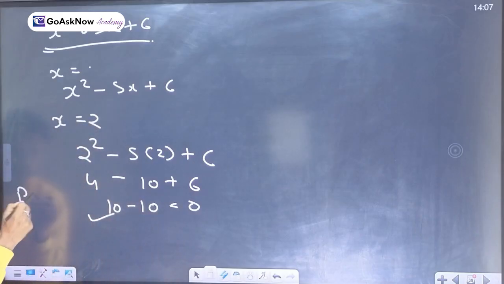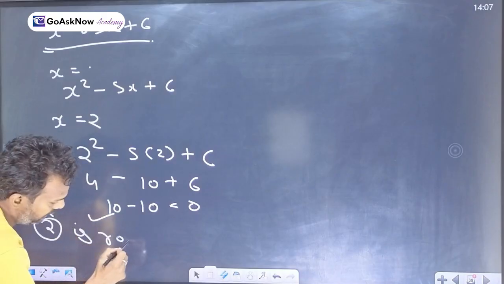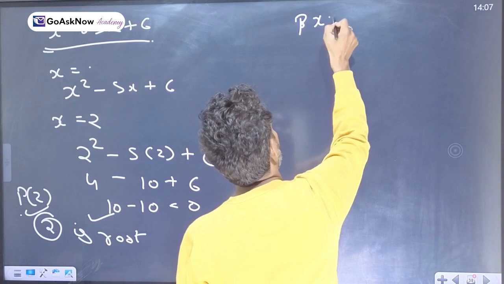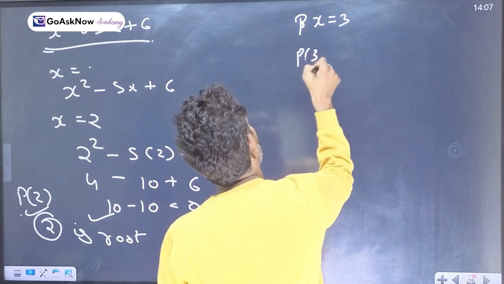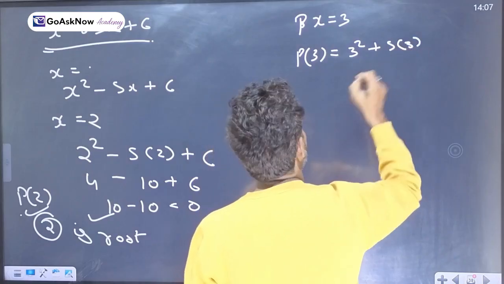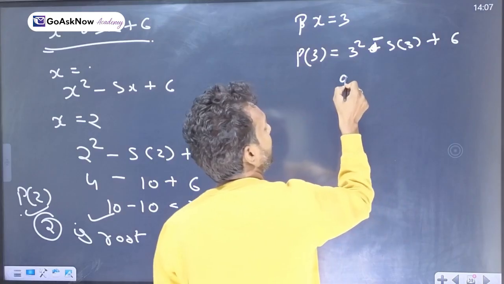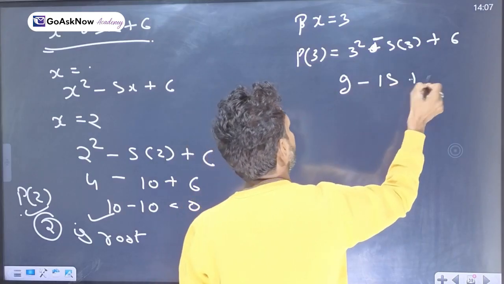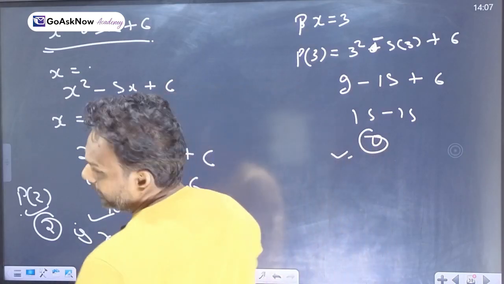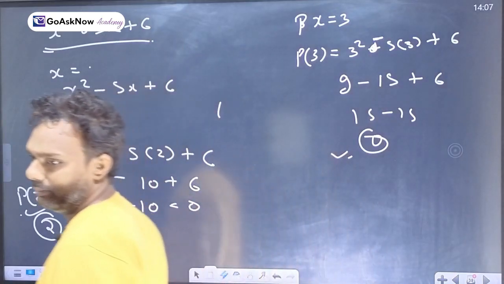Yes, P(2) is 0, so 2 is a root for the given equation. Now we put x equal to 3. Then P(3) will be 3 square minus 5 into 3 plus 6, then 9 minus 15 plus 6, 15 minus 15 is 0. No other number than 2 and 3 is a zero of this given equation.